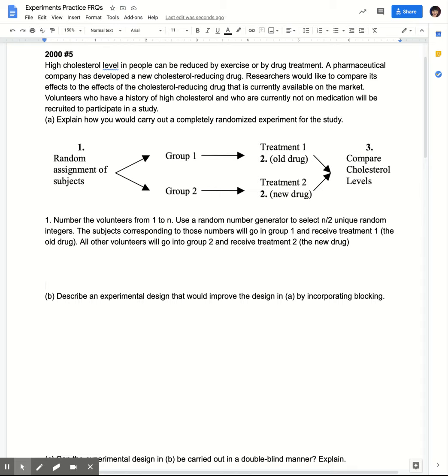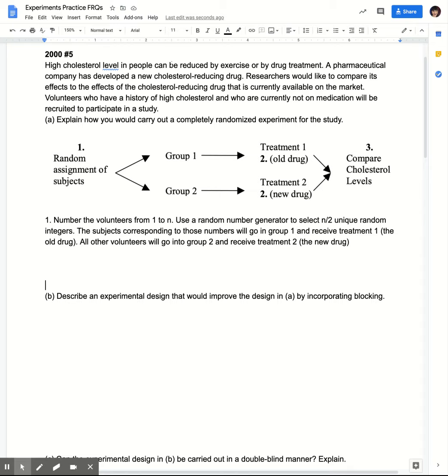These might be confounding variables that could be entwined with your treatment in such a way that it would be difficult for you as the statistician to distinguish the effects of the treatment that you imposed on the subject from the confounding variable or the characteristic that you blocked off.